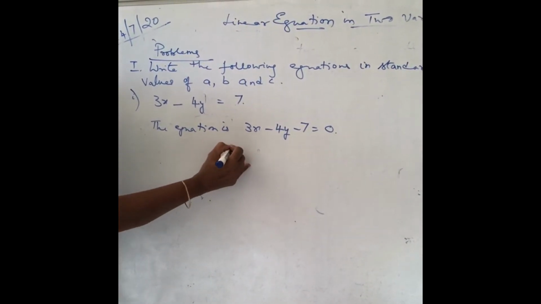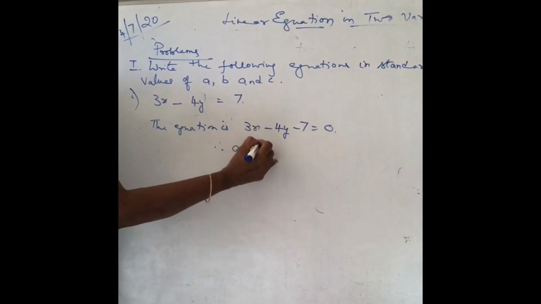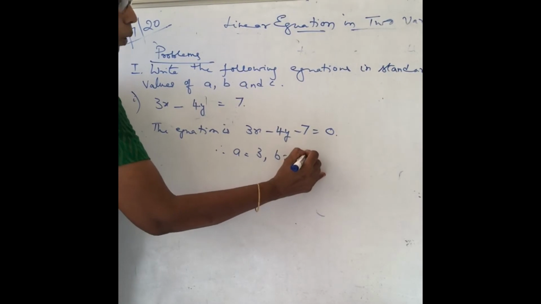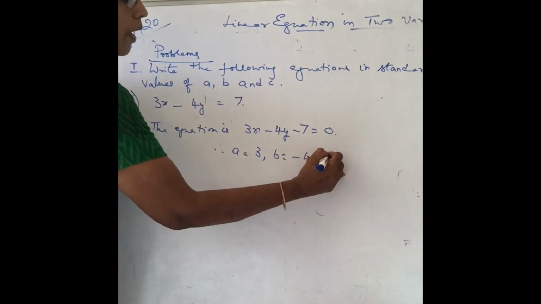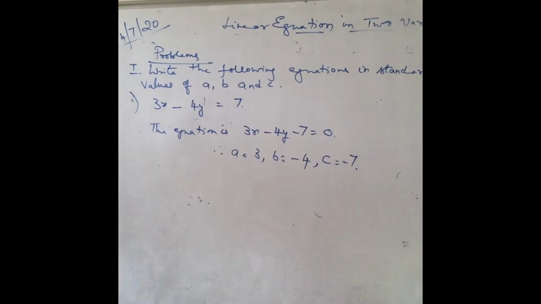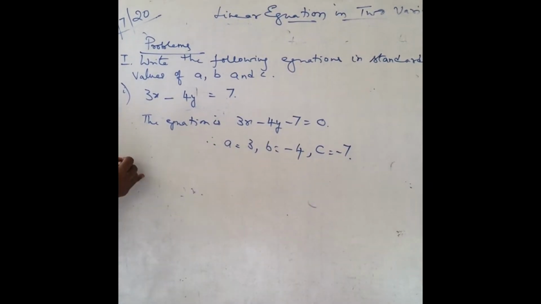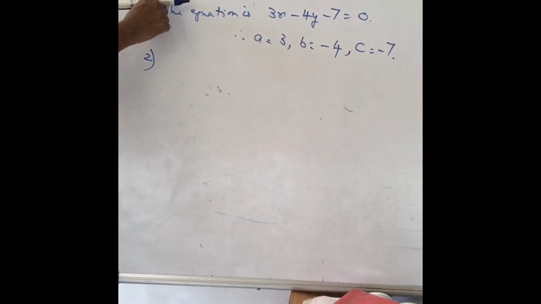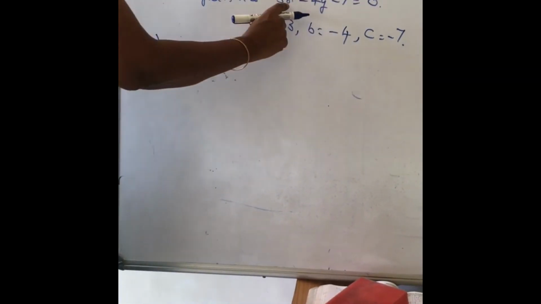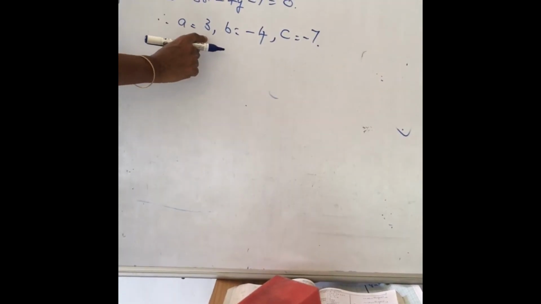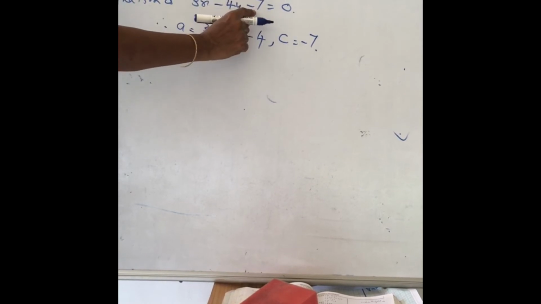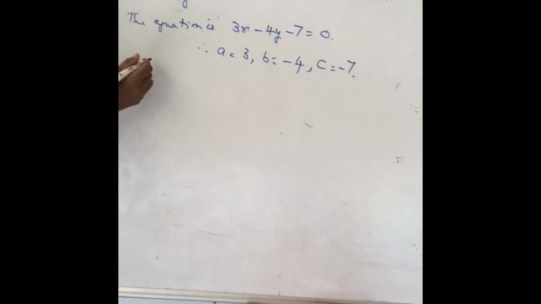So, a is equal to what? a stands for x coefficient, b stands for y coefficient and c is your constant number. Understood, girls? Bring 7 to the left side, it becomes minus 7. a is x coefficient, b is y coefficient and c is the constant.